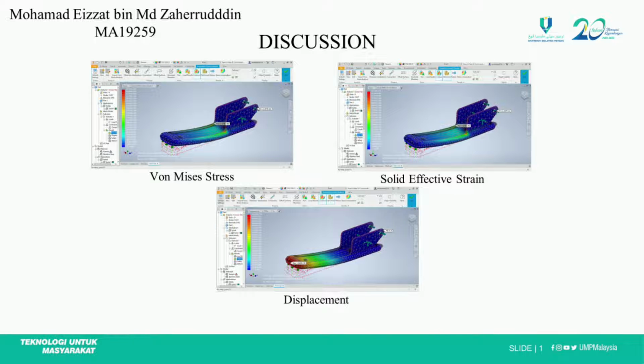To begin with the discussion, elastic limit, upper and lower yield, and rupture stress are the three parts of the stress-strain curve that can be evaluated during the finite element analysis. The elastic limit is the point at which no energy is wasted during the stressing and straining process. Processes that do not exceed the elastic limit are reversible.